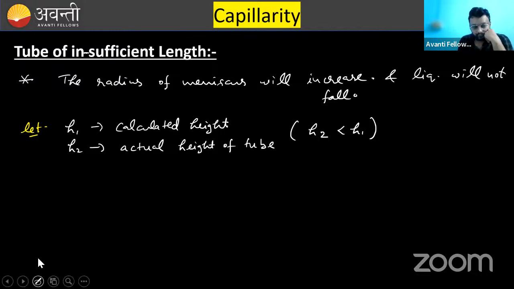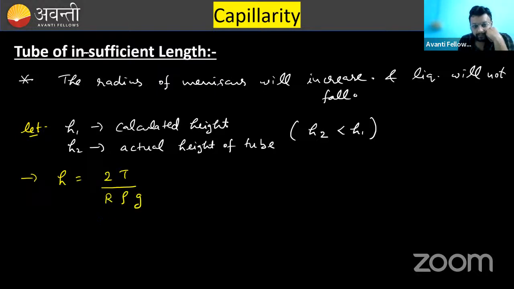Now, you know that the height of the tube is 2T upon R rho G. This R is the radius of meniscus.